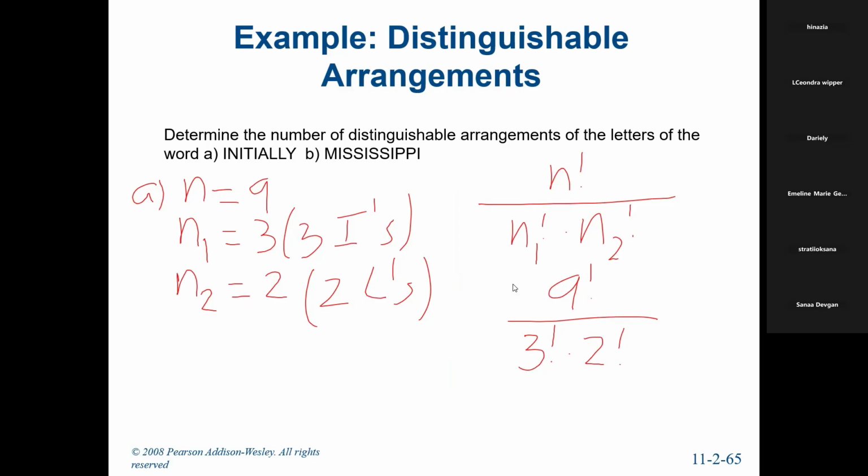Is this clear? Yes. Let me show you the solution now, because you have an idea why n is 9, because you got 9 letters in the word initially. Why is n1 3? Because you got 3 I's. N2 is 2. Why is N2 2? Because you got 2 L's. Okay? So let me show you the solution here.